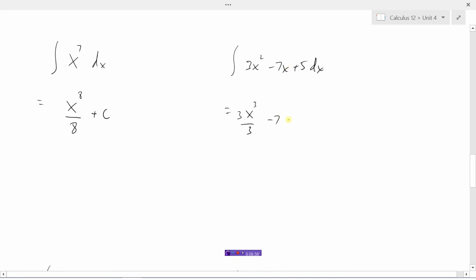This is x to the power 1, so we'll add 1 to the exponent and divide by the exponent. And then this is like, if you have a 5, of course, that's like 5x to the power of 0. So now that's 5x to the power of 1 divided by 1, which we don't need to do, plus our constant. Don't forget plus c.